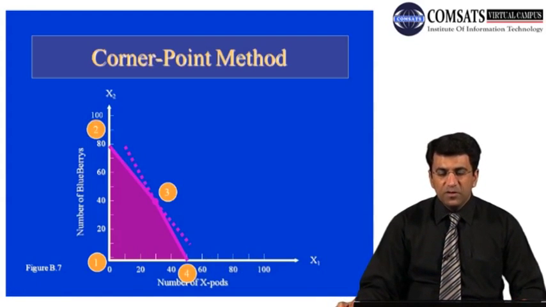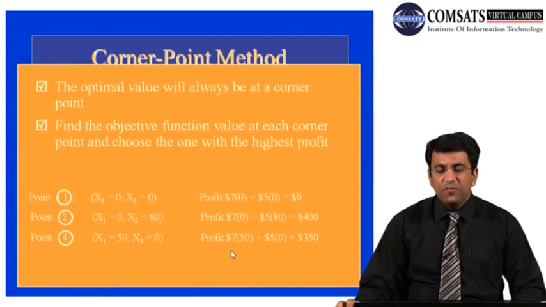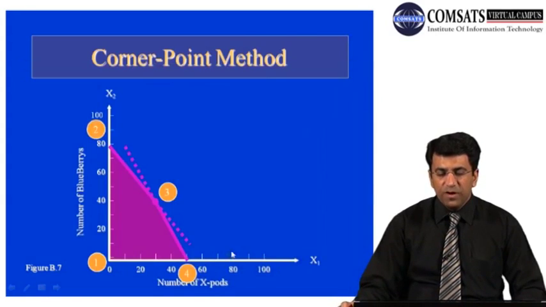So in this particular case, there are 4 corner points. Point 1 where x is equal to 0, y is equal to 0. Point 2 where x is equal to 0 and y is 80, that is the point (0, 80). The third one is represented by 4 here, which is (50, 0) because the x-axis value is 50 and the y-axis value is 0.